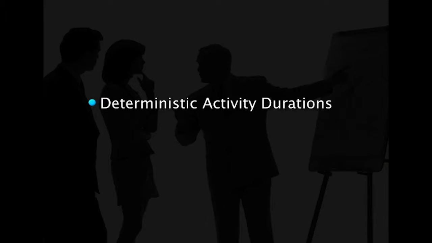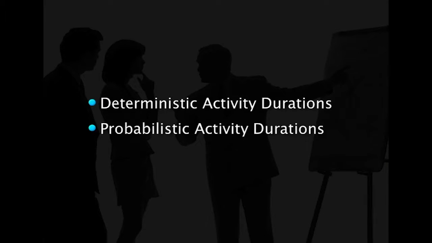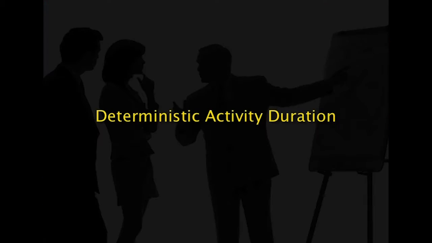Scheduling the project duration. Using an example, let us see how to schedule the project with deterministic activity durations and probabilistic activity durations. First, let us discuss scheduling the project with deterministic activity duration.